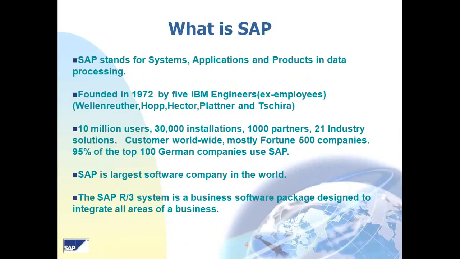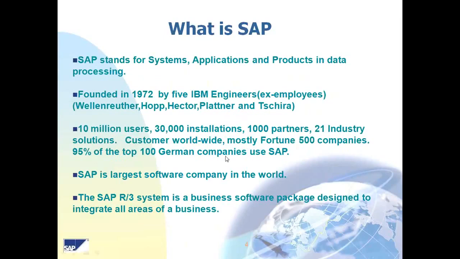If you come to the SAP system, it was founded in 1972 by 5 IBM engineers, that is ex-employees of IBM. The names are also indicated here. There are 10 million users across the globe with 30,000 installations and 1,000 partners, and 21 industry solutions are available in the SAP system.